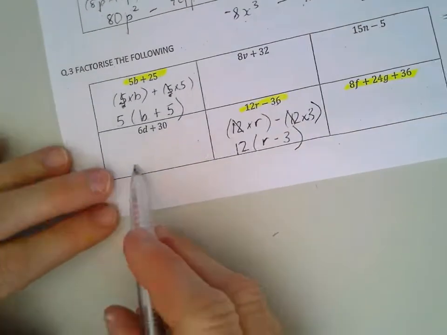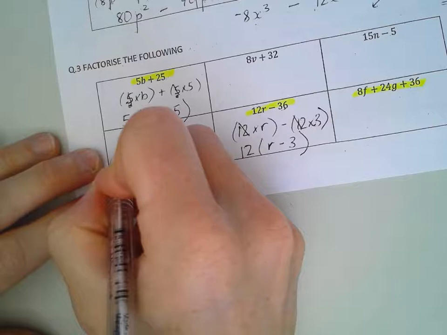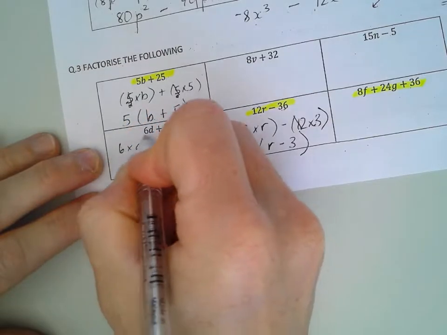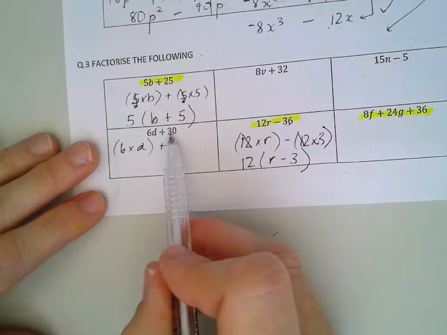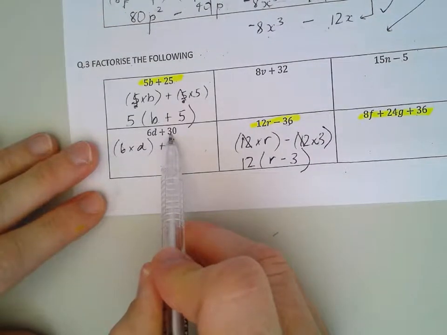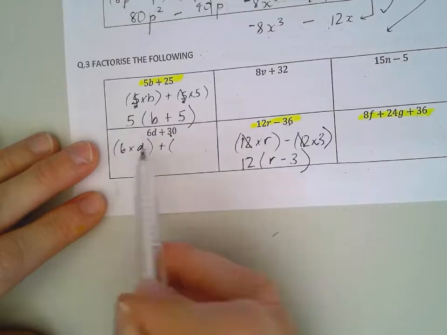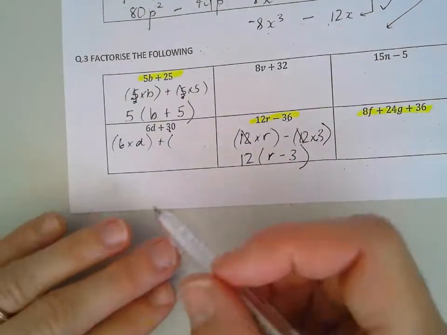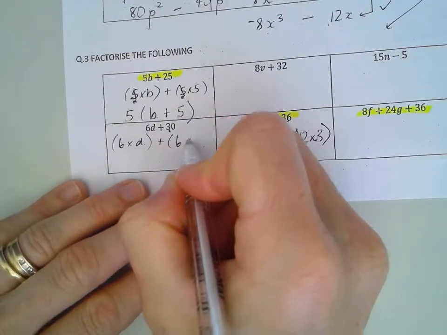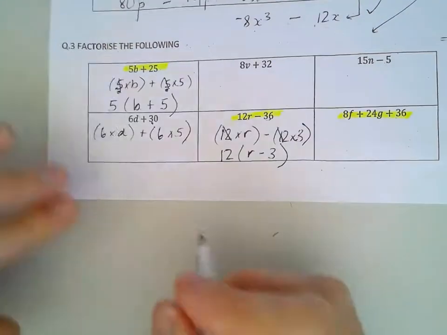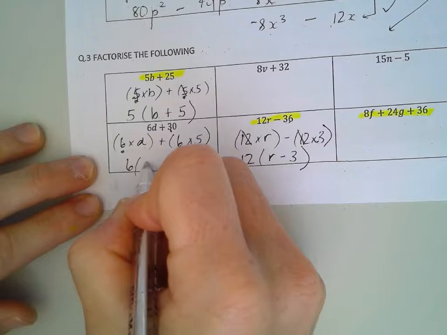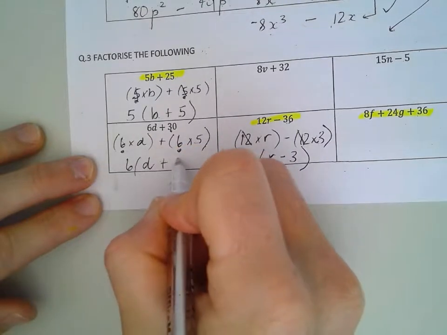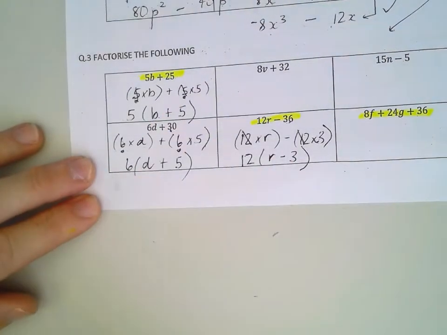Alright, we might do an extra one here. 6 times d plus, okay, you can do 3 times 10, but you wouldn't do 3 times 10 because 3 times 10 doesn't match anything in here. 1 times 30, you wouldn't bother. Okay, hopefully we can see that 6 times 5 is our best option because we have a common factor there. 6d plus 5 is what's left.